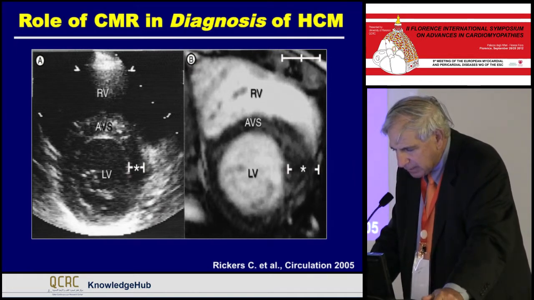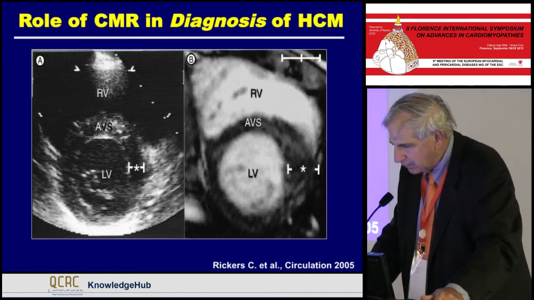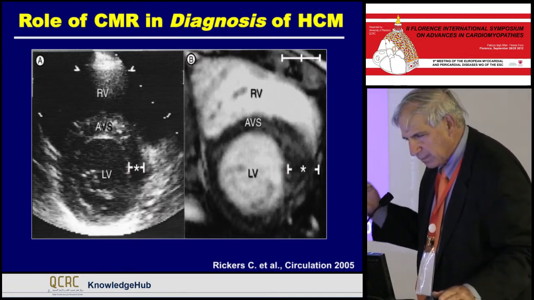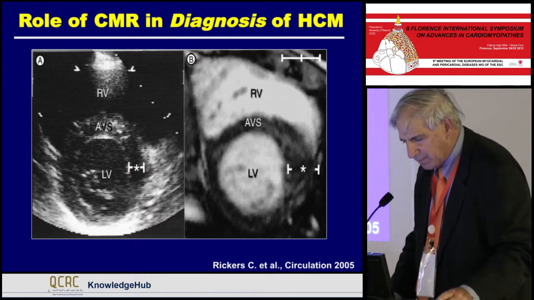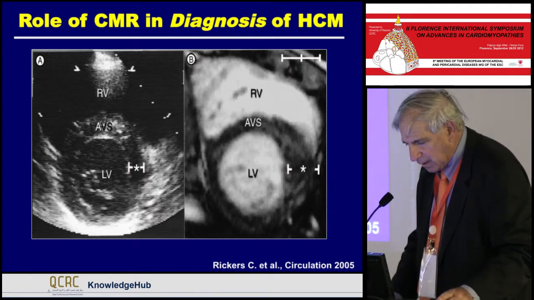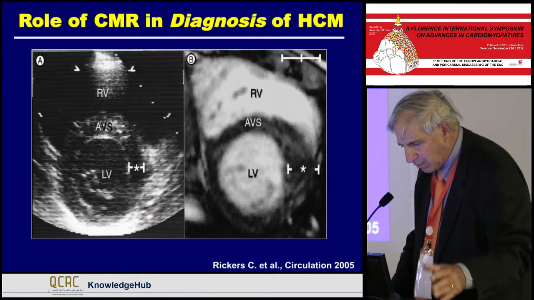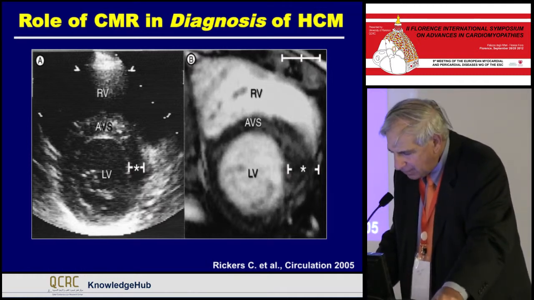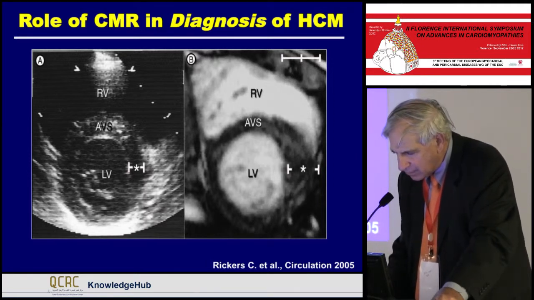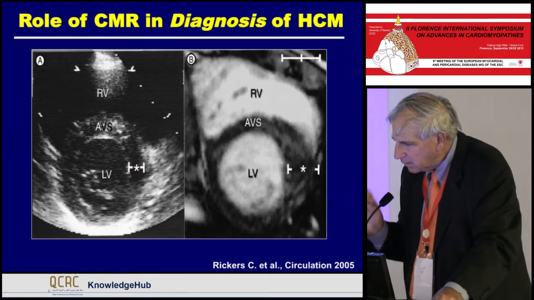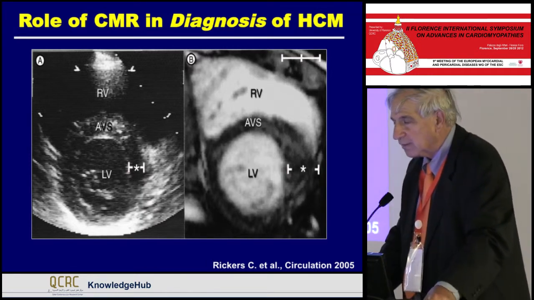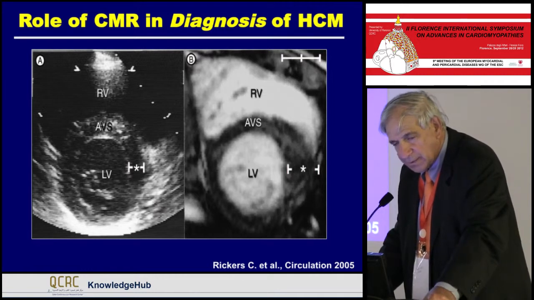And with that in mind, the diagnosis of hypertrophic cardiomyopathy has been enhanced by imaging for at least some patients. This is an example of a family member with the disease, a completely normal two-dimensional echocardiogram, and it turns out that there's this segment of the left ventricular wall, the anterior lateral free wall, which itself is thickened and makes the diagnosis.